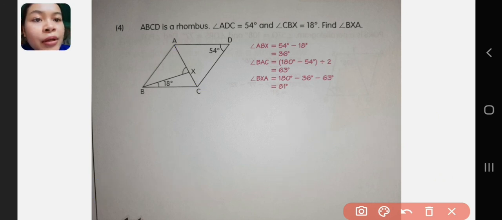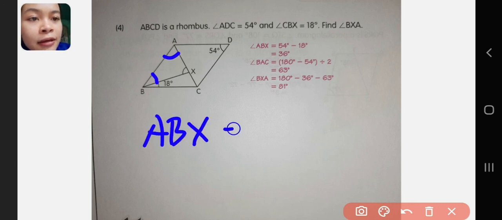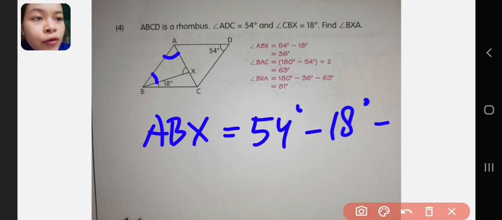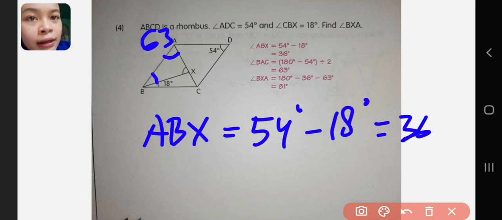Now because we already know this is 63, and BAX is a triangle, we need to know this part. ABX equals 54 degrees minus 18 degrees, which equals 36. So this one is 63 and this one is 36.